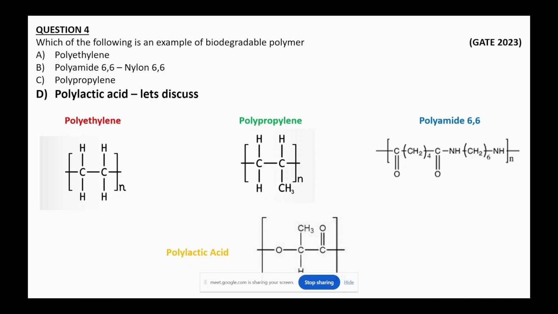The four options were polyethylene, polyamide 6,6, polypropylene and polylactic acid. I specifically remember that I asked why polylactic acid is a biodegradable polymer. I hope that with the week two contents discussion, you will be able to say why polylactic acid is biodegradable in nature. Why not the others?